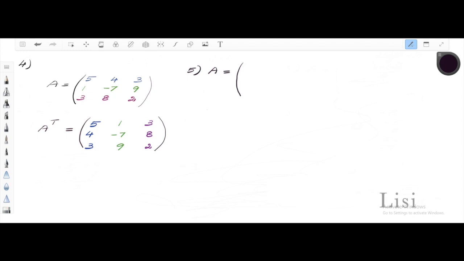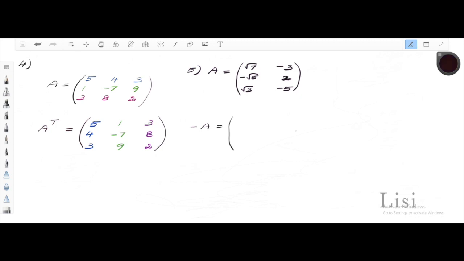How many rows are there? 3 rows and 2 columns are there. Here, root 7, minus 3, second row, minus root 5, 2, third one is root 3, minus 5. Right? First of all, we have to find minus A, that is negative matrix.